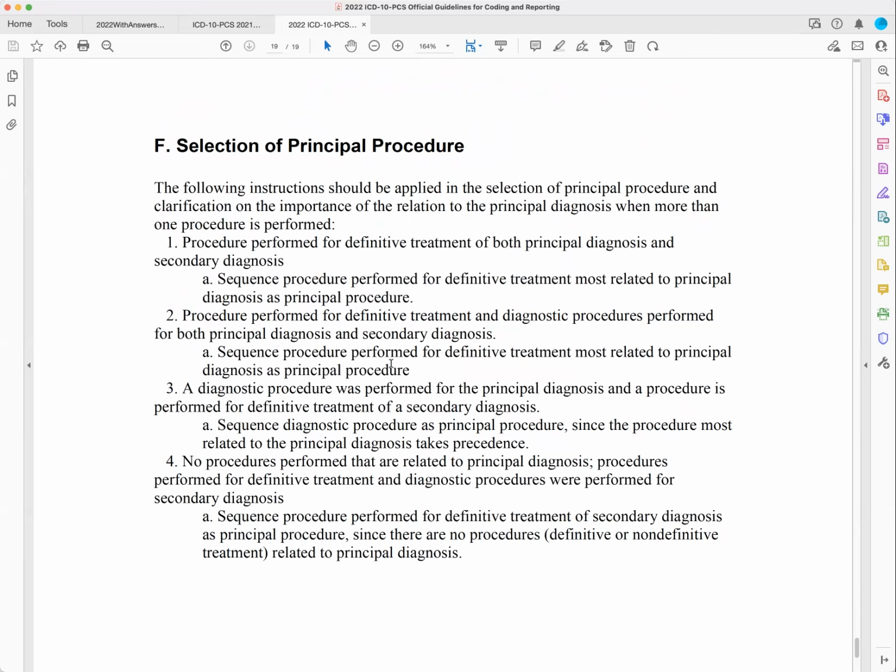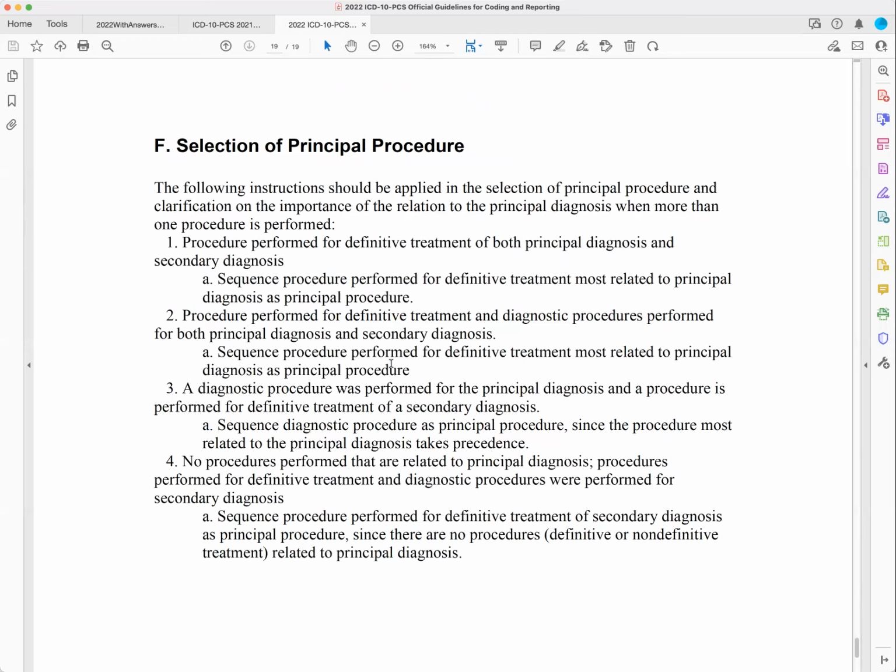And the general rule of thumb is that when multiple procedures are performed for definitive treatment of both the principal diagnosis and a secondary diagnosis, you're going to sequence the procedure that is related to that principal diagnosis first.